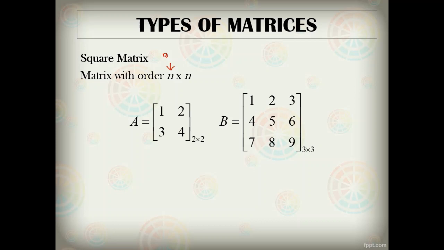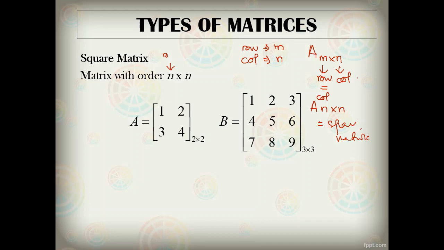Remember before this we denoted our rows as M and our columns as N, where the matrix is named M by N, which is row by column. Whenever the number of rows equals the number of columns, which is N, the matrix is N times N.